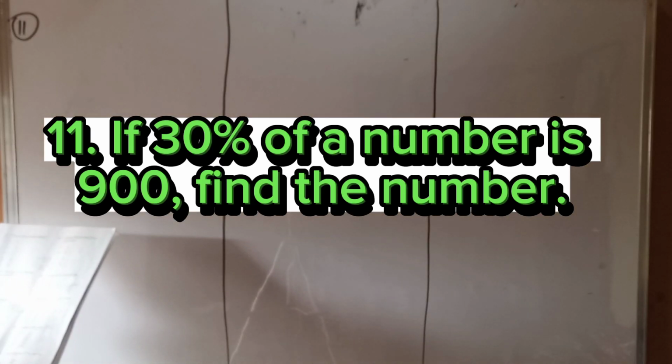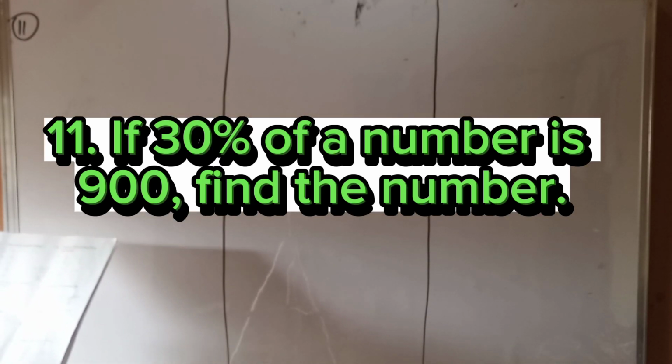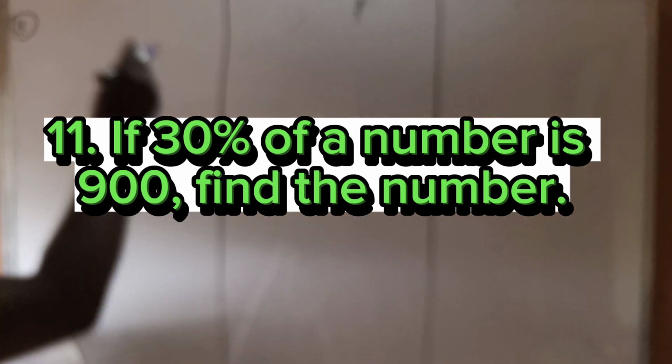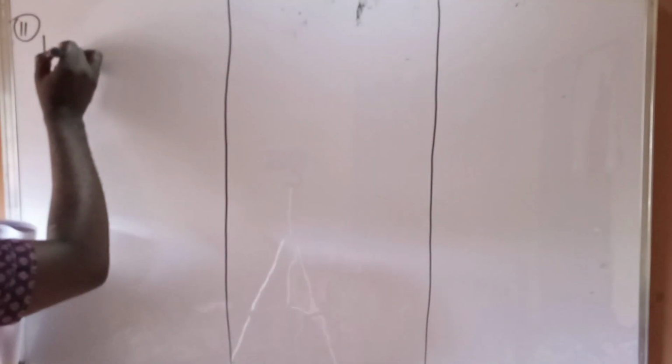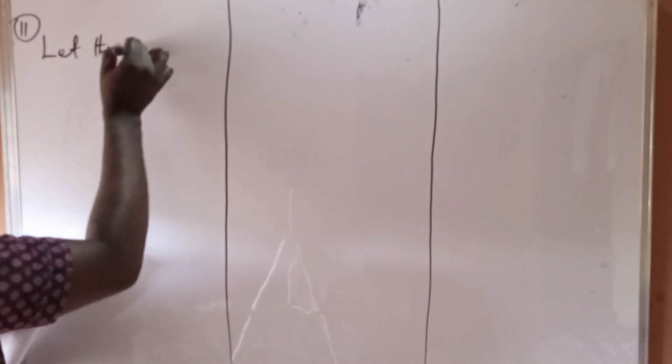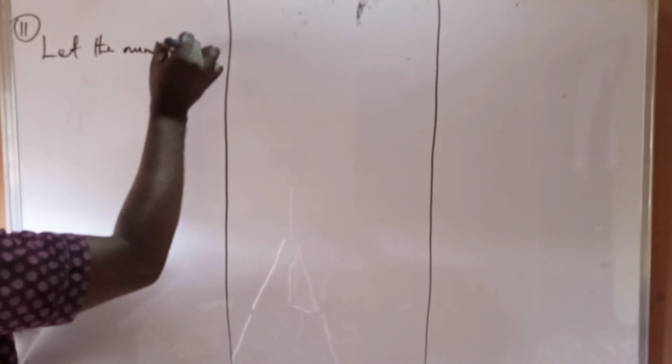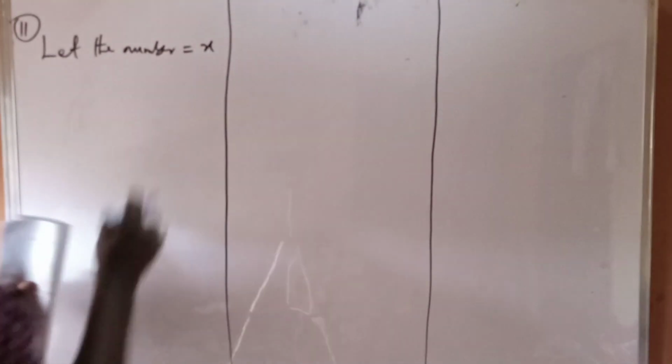The question says, if 30% of a number is 900, find the number. We don't know the number. This is a word problem, so when you have a word problem, always try to represent it with a letter. Without doing that, you will find it difficult to solve. So we're going to say, let the number be x.